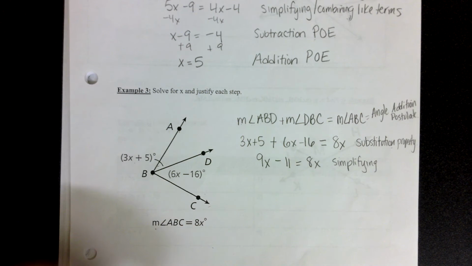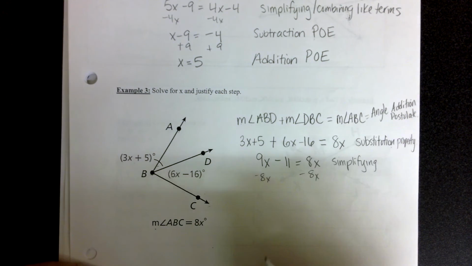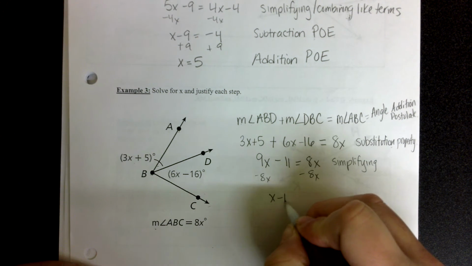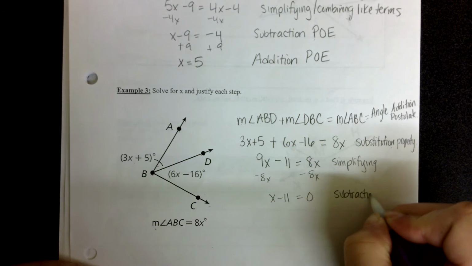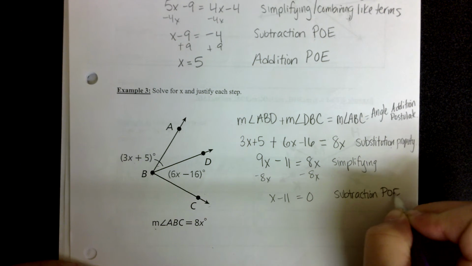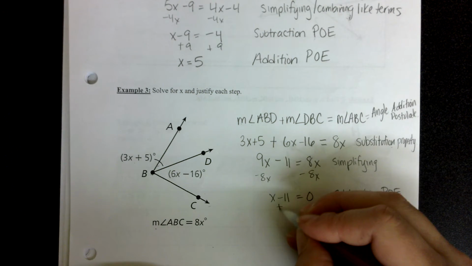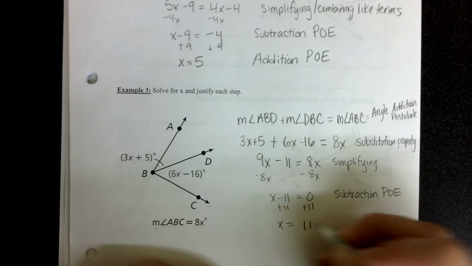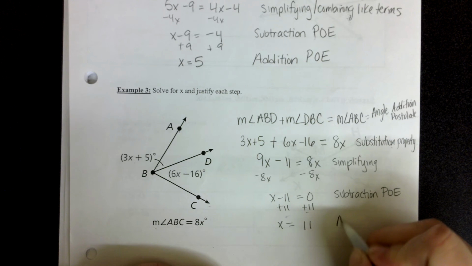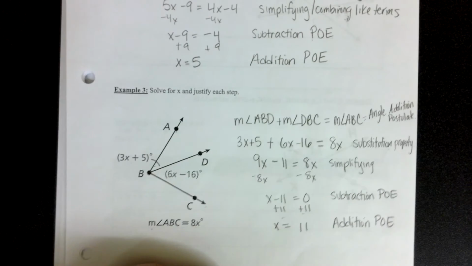Then from that point, we're going to subtract the 8x on both sides. So we're going to get x minus 11 equals 0, and that was the subtraction POE. And then we have to add 11 to both sides, and you get x equals 11. And we added to both sides, so that's addition POE, property of equality.